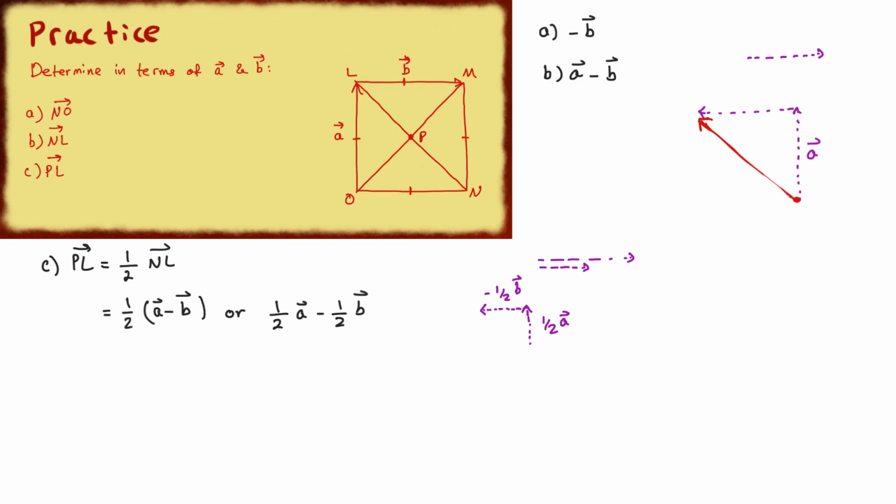And when I add them, I get a vector that originates here and terminates here, which is similar to this vector over here. And again, since two vectors are equal when their magnitude is the same and their direction is the same, then half of vector A minus B will be equivalent to vector PL.